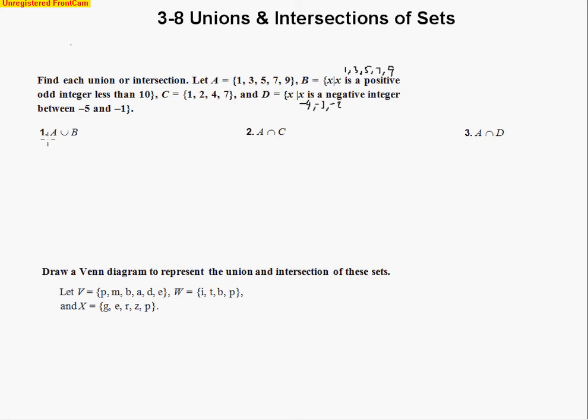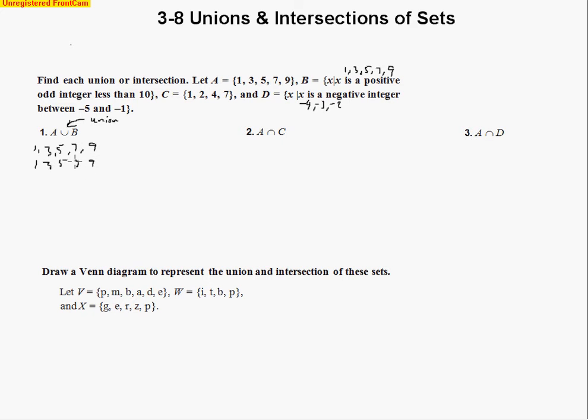And so A union B. This is the symbol for union. Union means all numbers that are involved in those sets. And so all values of A. So A includes 1, 3, 5, 7, and 9, where B includes those same numbers, 1, 3, 5, 7, and 9.